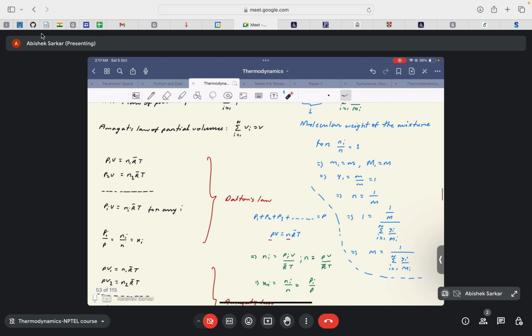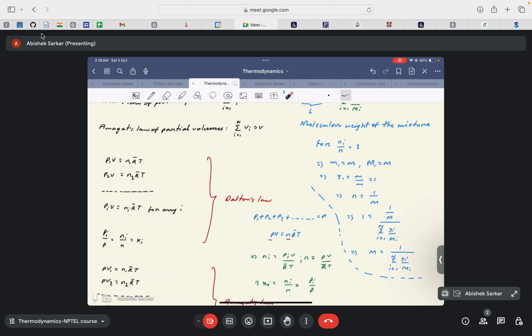So for the entire mixture, we can write the ideal gas law as PV is equal to N R bar T, where T is the temperature, V is the volume occupied by these gases, P is the total pressure exerted by these mixed components, and N is the total number of moles of these gases in the mixture.